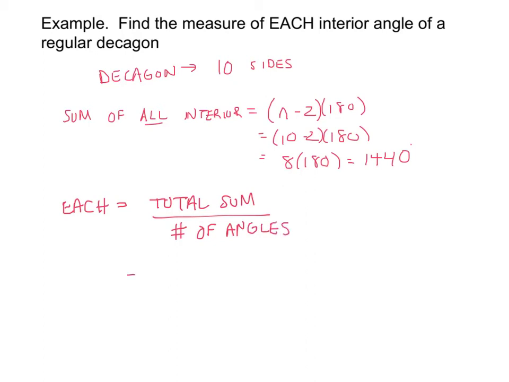So in this specific case, because we are talking about a decagon, we use that 1440, which we just found above, because this was the sum, and we're going to divide it by 10 because there's 10 angles in a decagon. This gives you 144 degrees. What that means is that in a regular decagon, every single angle is 144 degrees.